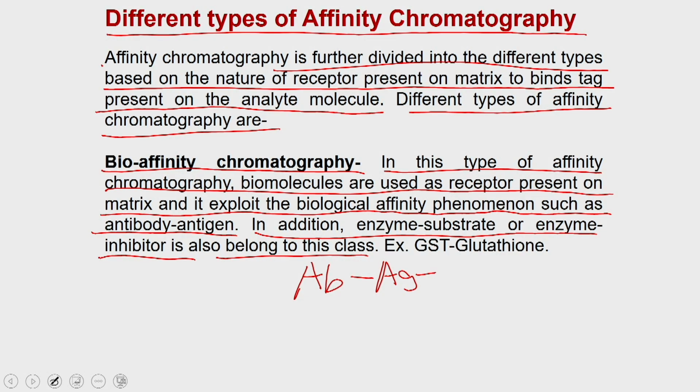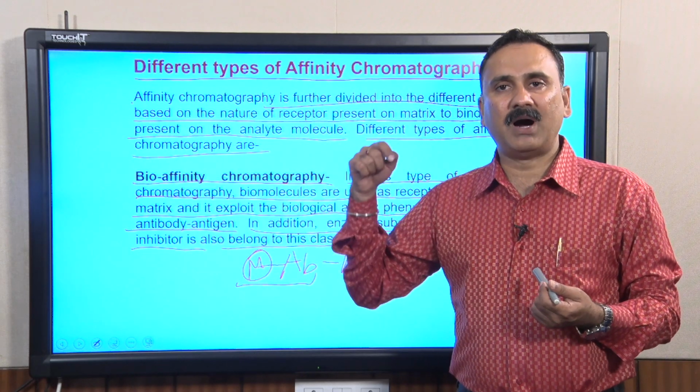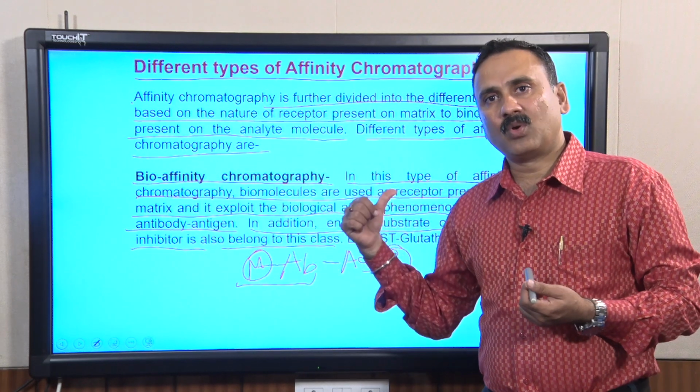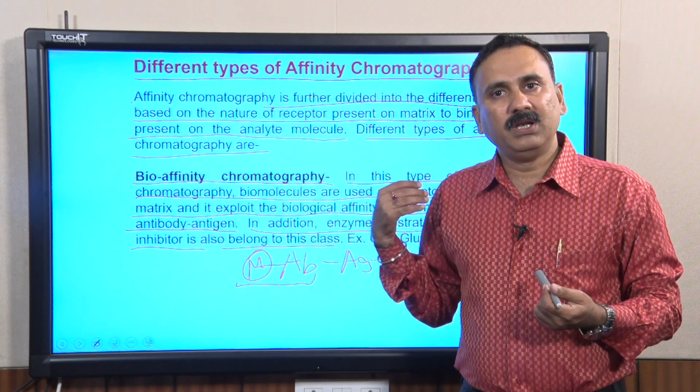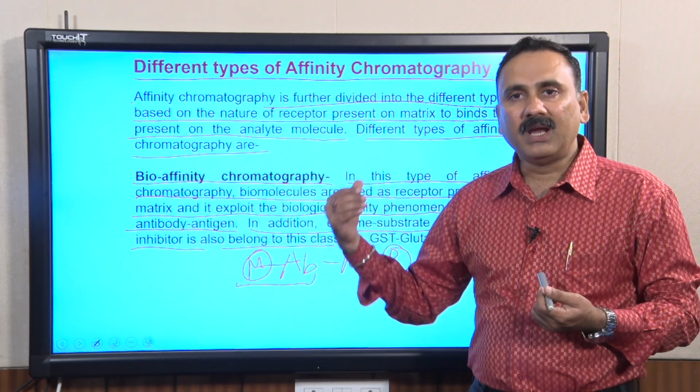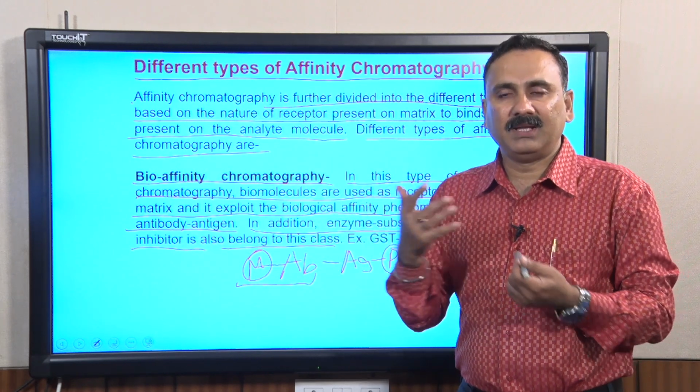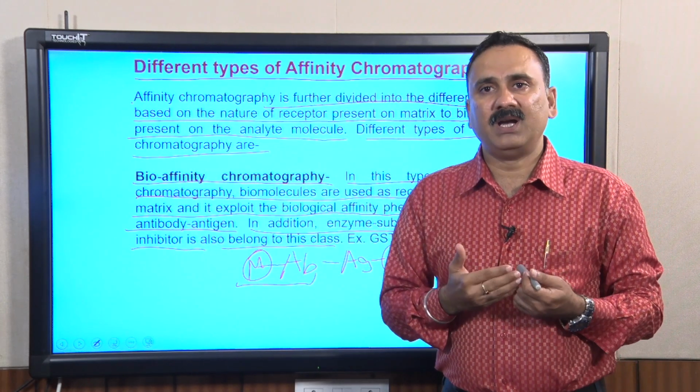You flow the antigen containing proteins over the antibody matrix. Then subsequently you add free antigen, which competes with the antigen bound to the antibodies along with the protein, and that is how it elutes the antigen containing proteins from the column, and you get the purified protein.